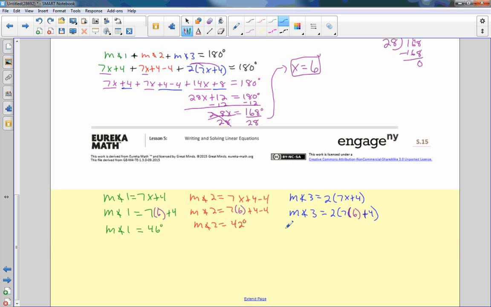So the measure of angle 3 equals 2 times 42 plus 4. The measure of angle 3 equals 2 times 46. So therefore the measure of angle 3 equals 92 degrees. So 46 plus 42 is 88. 88 plus 92 is in fact 180 degrees.